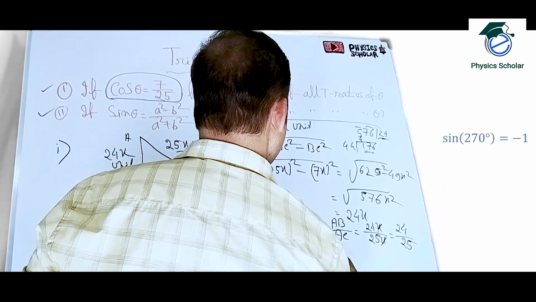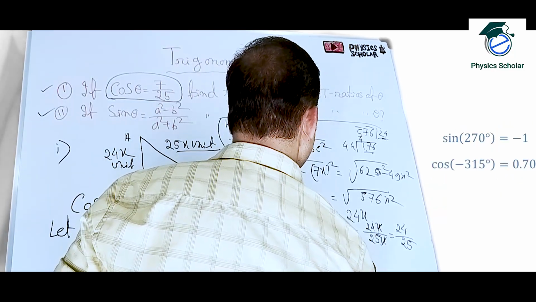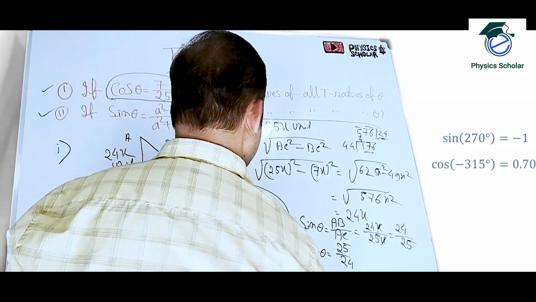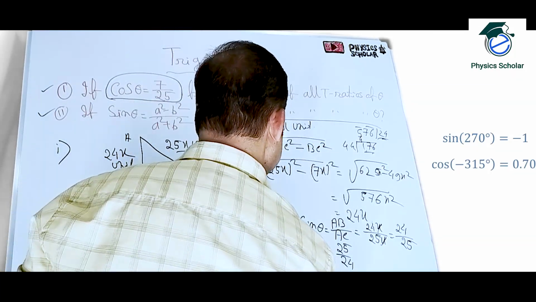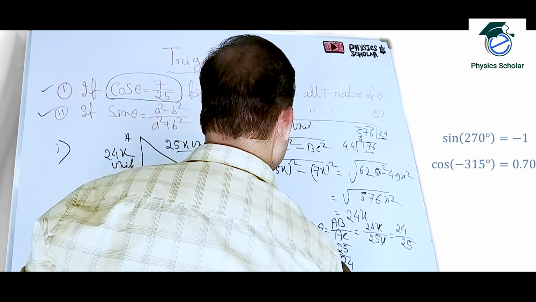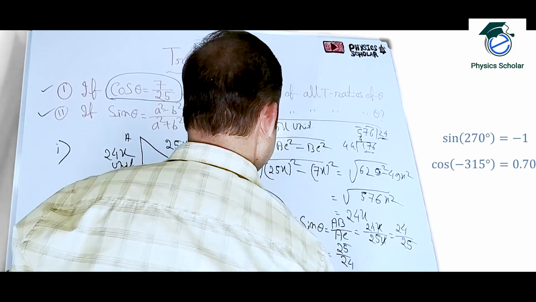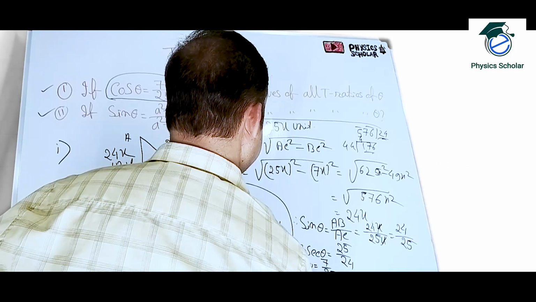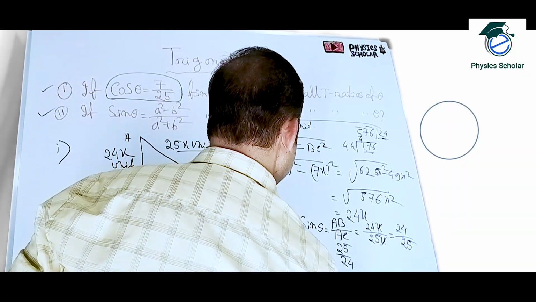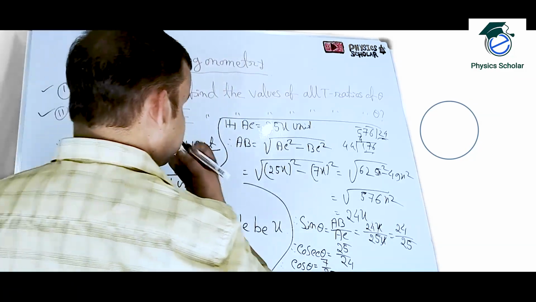So cosec theta is equal to 25 by 24. Very easy. Now cos theta is equal to 7 by 25. So what will be sec theta? Reciprocal of cos, it will be 25 by 7.